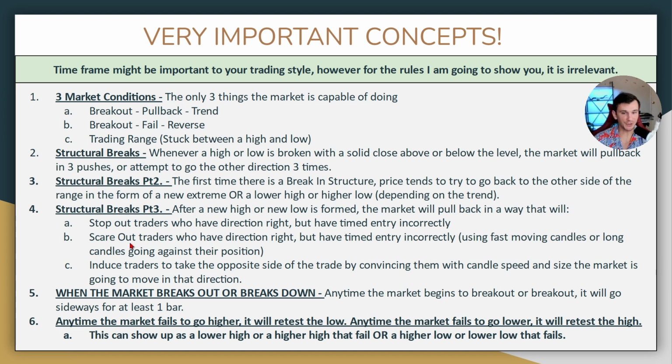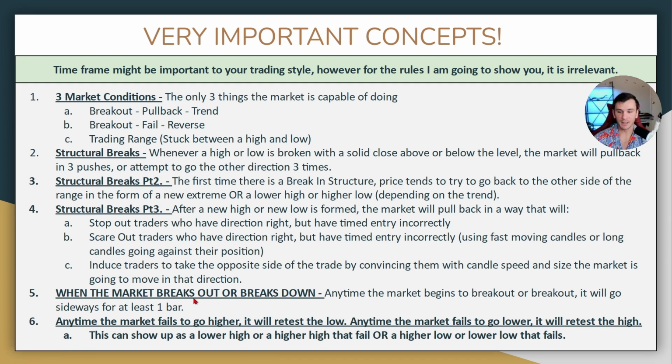It will try to scare you out with large bars and fast-moving candles. And in the same way that it tries to scare you, it will also induce you to take the opposite side of the trade, using large, fast-moving bars spiking up and down, and using emotion to get you into the market in the wrong direction.